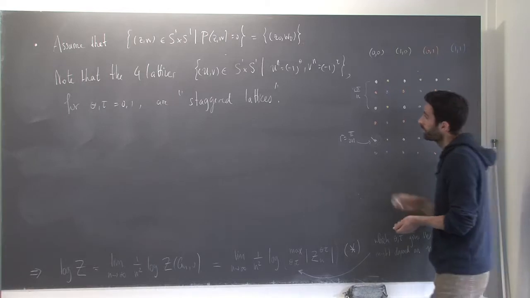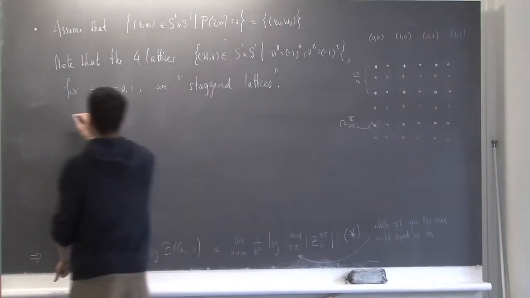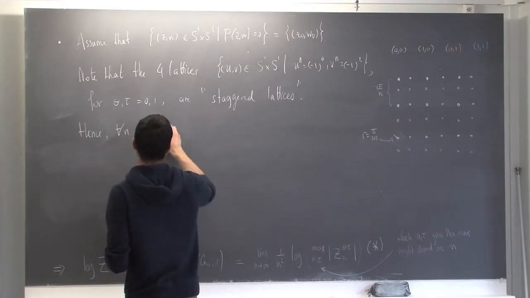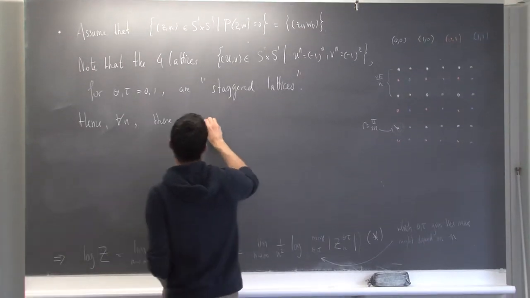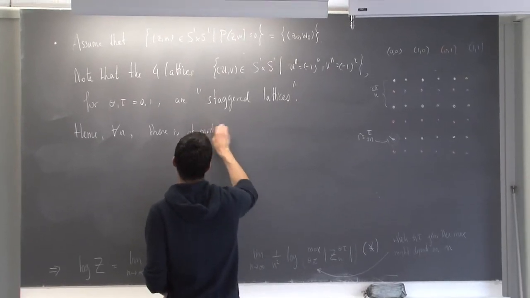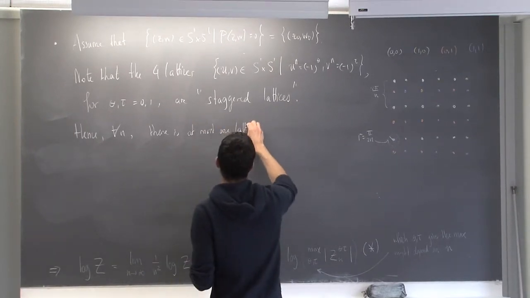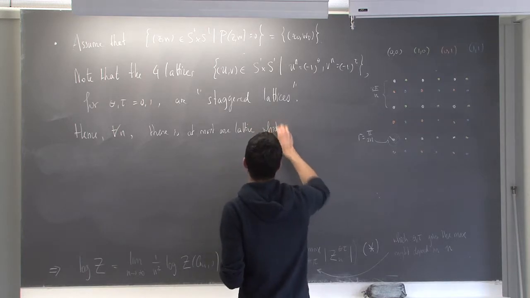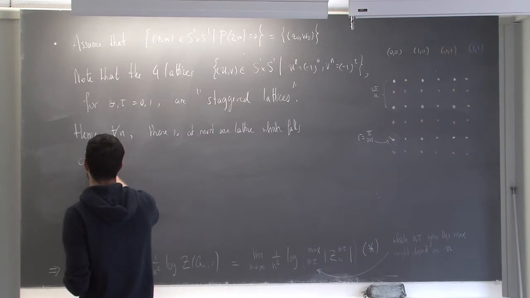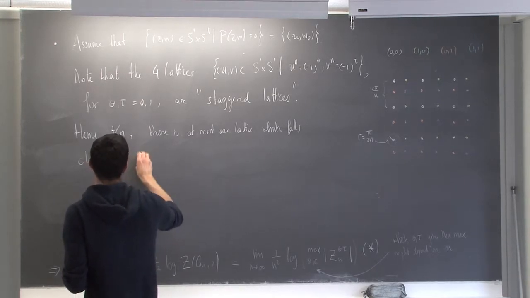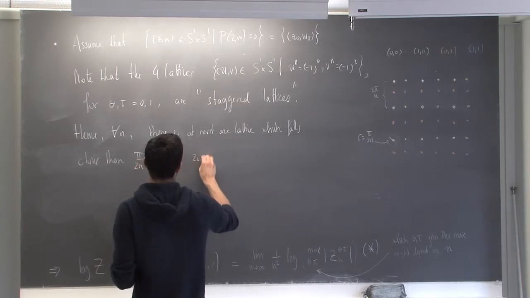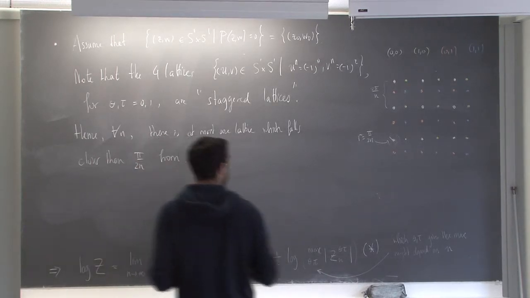Hence, for each n, there is at most one lattice which falls closer than pi over 2n from z0, w0.